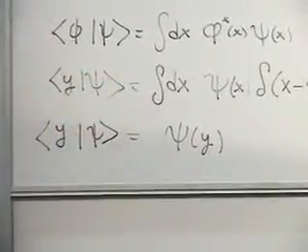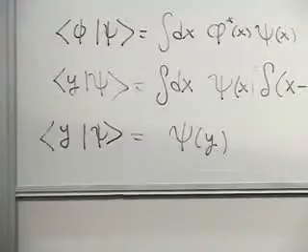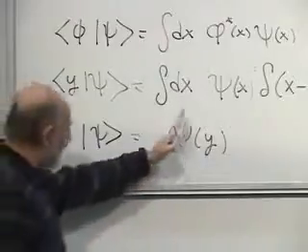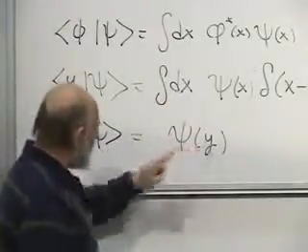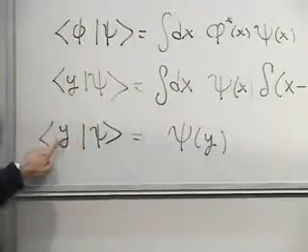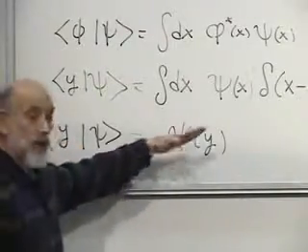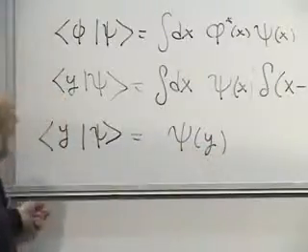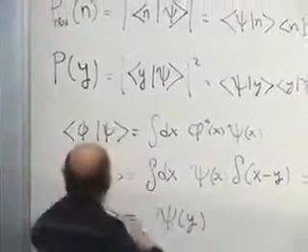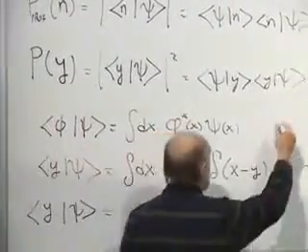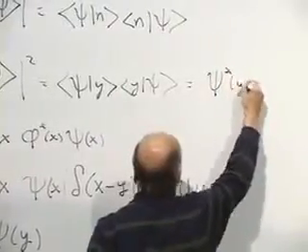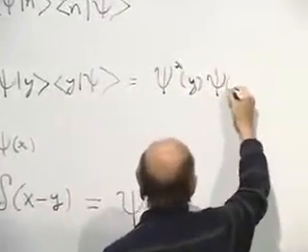We've already said that previously, but I'm just describing it in a more formal, mathematical, rigorous way, that the amplitude to discover the particle at point y is given by the inner product of psi with y, and it just is the wave function at point y. From that, it immediately follows that the probability density is just equal to psi star of y, psi of y.